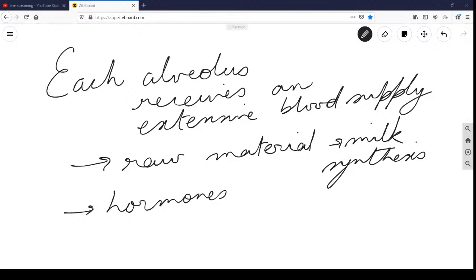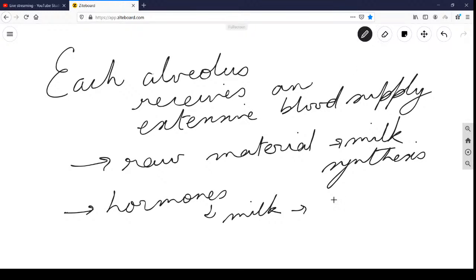The milk synthesized and secreted from these alveoli then enters the secondary mammary tubules, because the milk is produced in alveoli only.